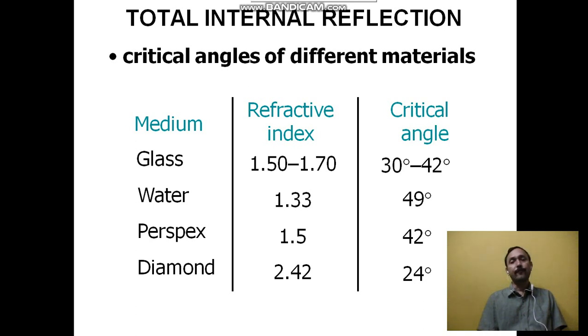Water has a refractive index of 1.33 and a critical angle of 49 degrees, also with respect to air, so the rarer medium is air. Perspex has a refractive index of 1.5 and a critical angle of 42 degrees. Diamond has a refractive index of 2.42 and a critical angle of 24 degrees with respect to air. All are with respect to air, so the rarer medium is air and the denser mediums are glass, water, perspex, diamond, etc.